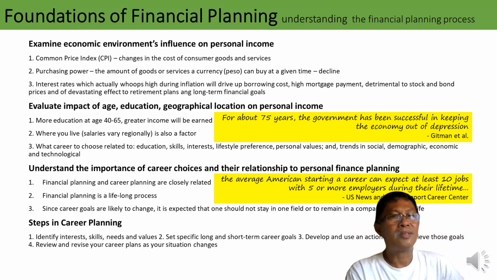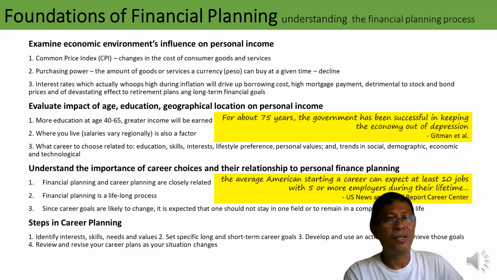And with that, interest rates. Tataas yung interest rate. So, tataas yung borrowing cost, mortgage cost, and it's very detrimental sa stock and bond. And it's also devastating to the mga retirement plans and long-term financial goals.